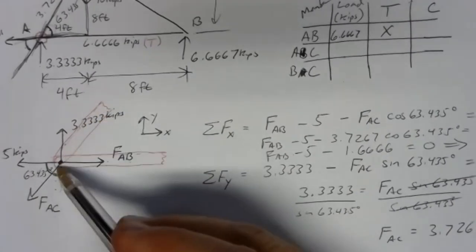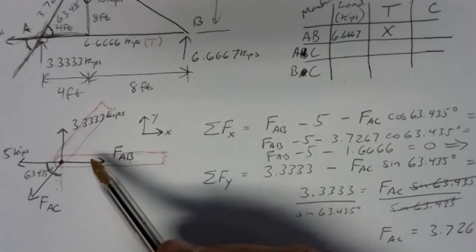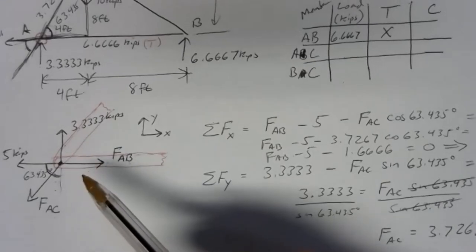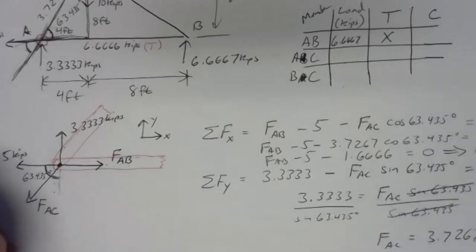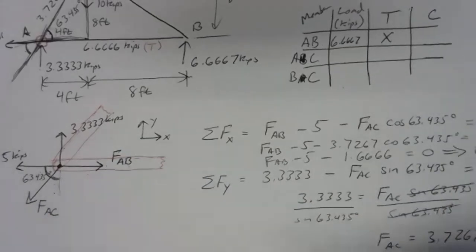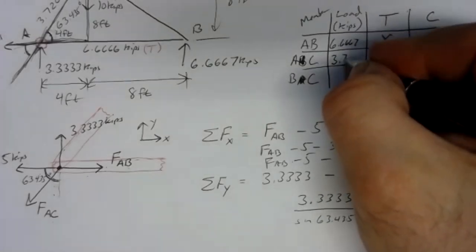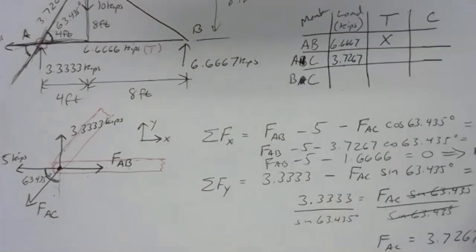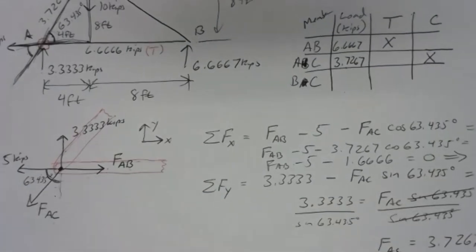So member AC is pushing joint A away. Only things that are compressed can push things away. So member AC is in compression. So we figured out that member AC carried a load of 3.7267 kips, but member AC is in compression.